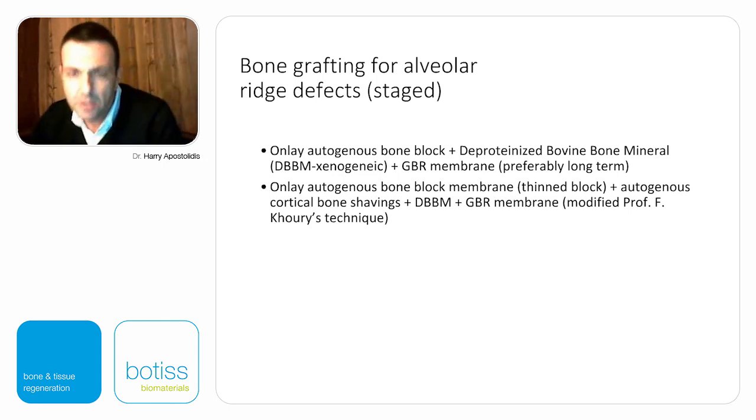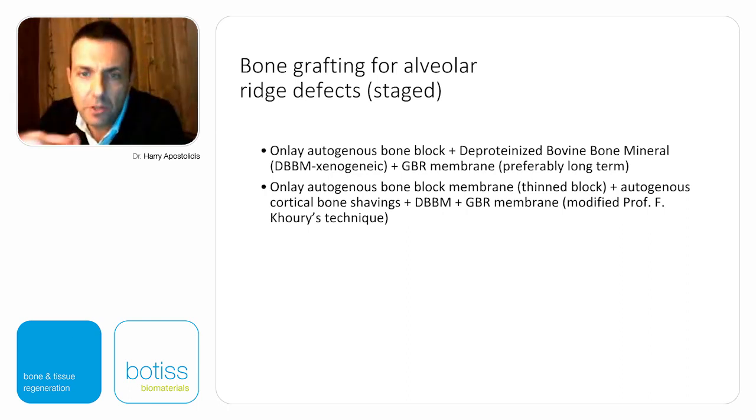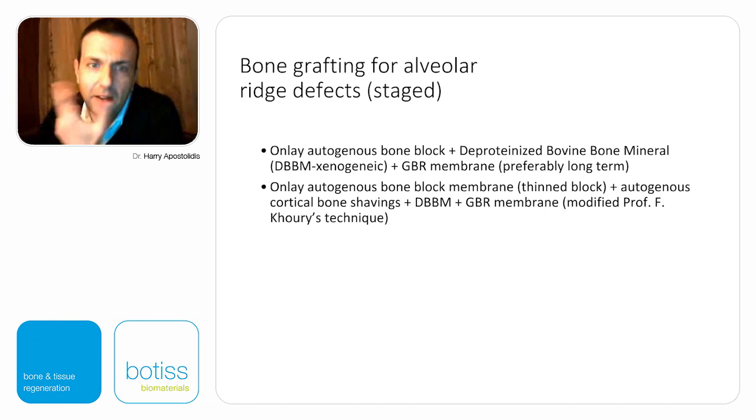I used to use this technique a lot, but lately I kind of stopped using it because I see that the first technique with only the autogenous bone block and the xenograft and the membrane works perfectly. So why do I have to go for a more tedious procedure?